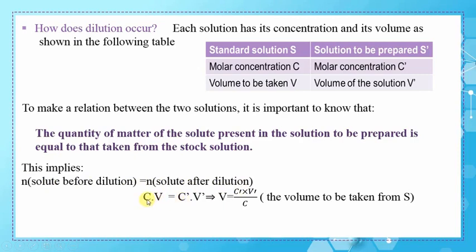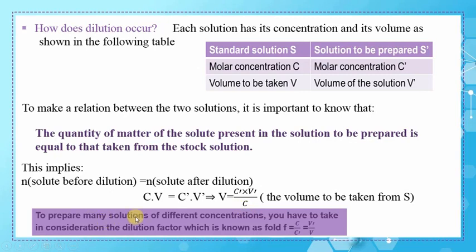Using the formula of the molar concentration, C times V instead of the number of moles before the dilution, and C prime times V prime instead of the number of moles of the solute after dilution. This implies that the volume that must be taken from S equals C prime times V prime over C.